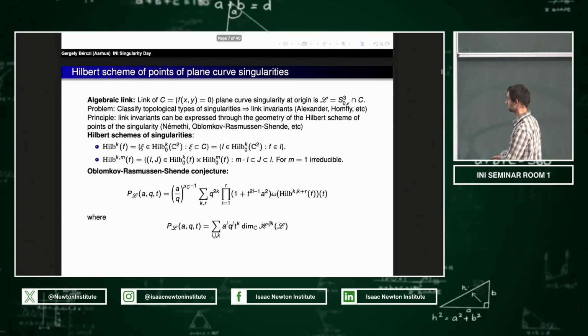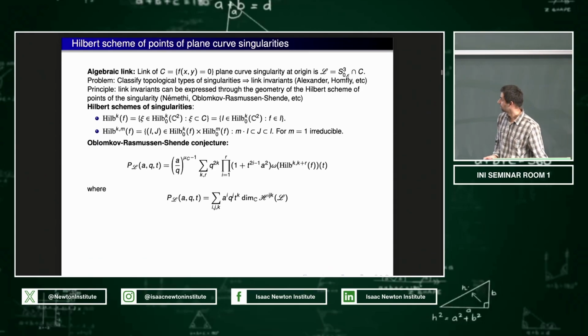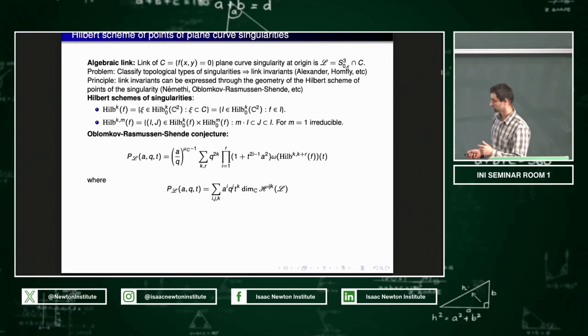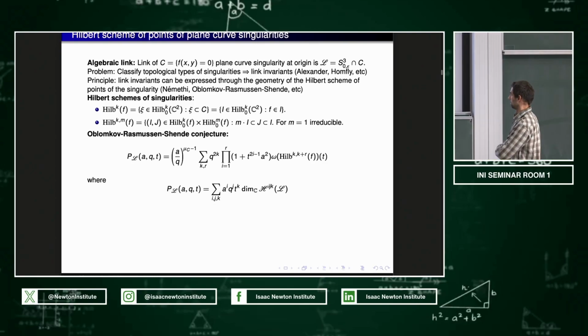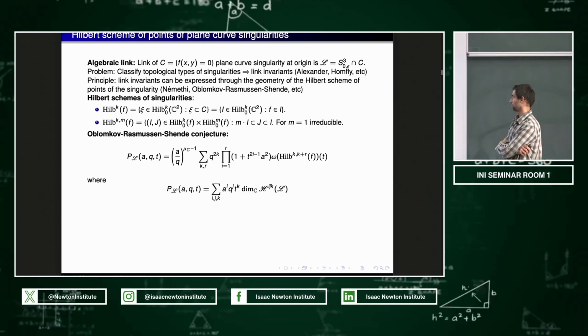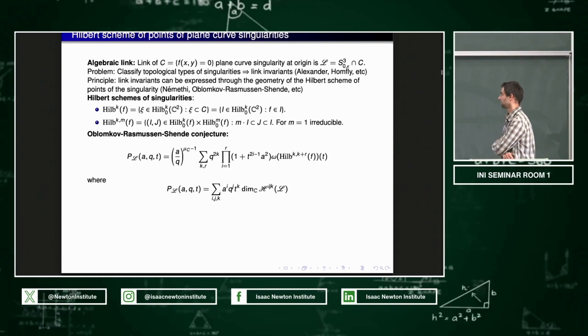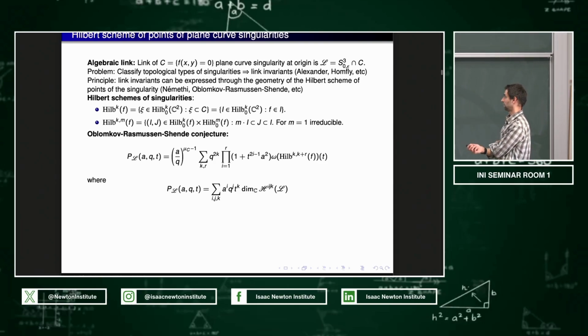The exact form of this is not important now. I just really wanted to formulate this conjecture, a relatively famous conjecture from the last 15 years, and a motivating example.